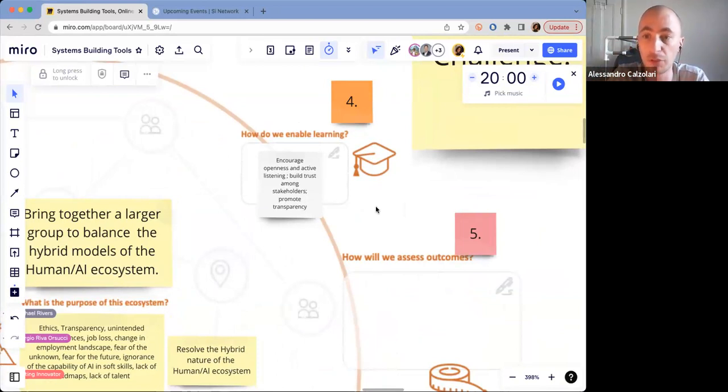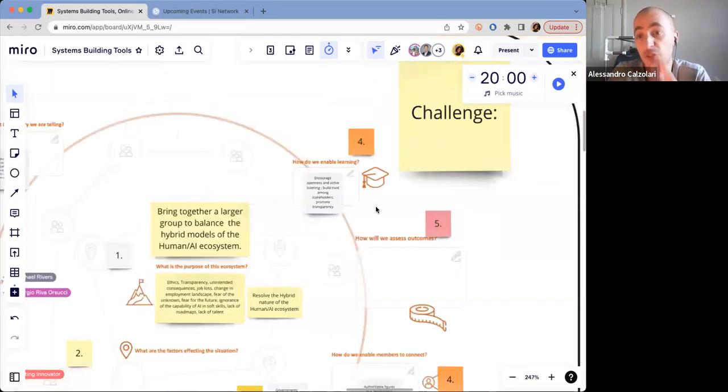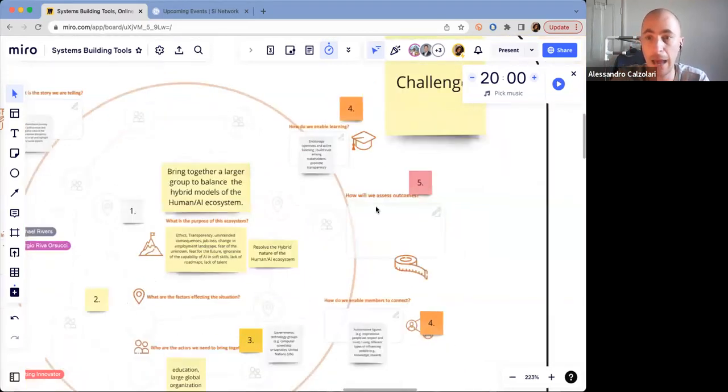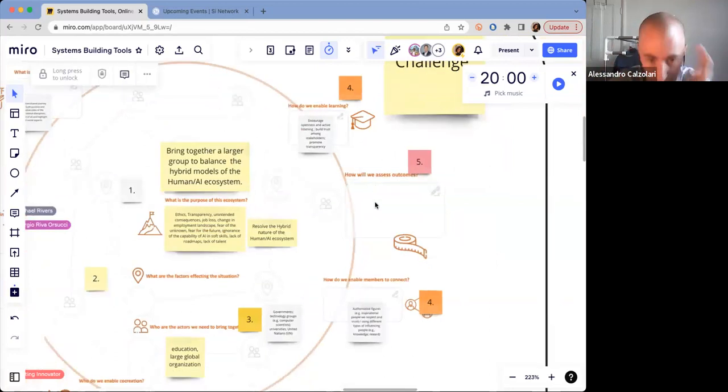And we want to promote transparency, because the level of uncertainty is what creates this kind of insecurity about the future. If we promote transparency, that is going to allow this active listening.